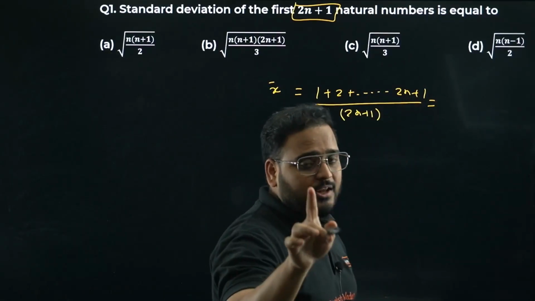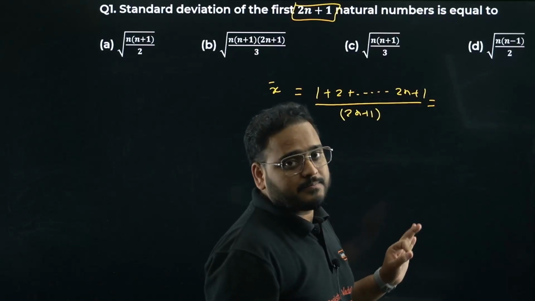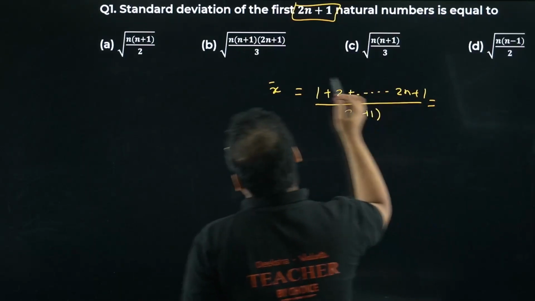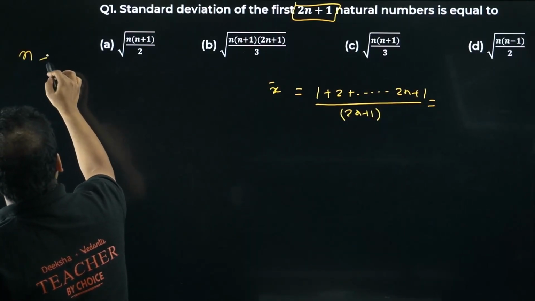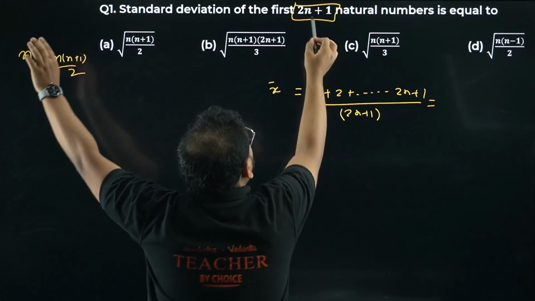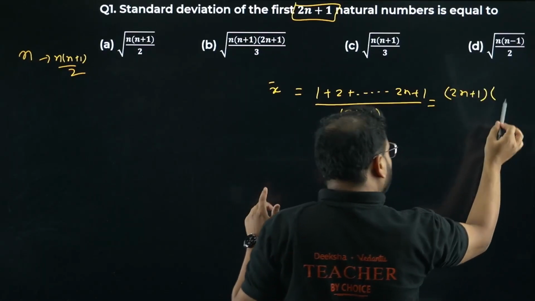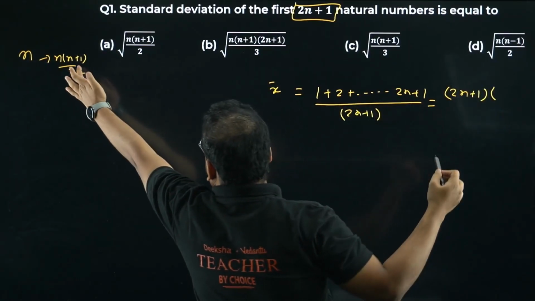If there were n, you write it as n into n plus 1 by 2, right? But in this case, we have 2n plus 1. If we had n natural numbers, we'd write this formula as n times n plus 1 by 2. In this case, n is nothing but 2n plus 1. So write this as 2n plus 1 times 2n plus 1, no? n is 2n plus 1, right?